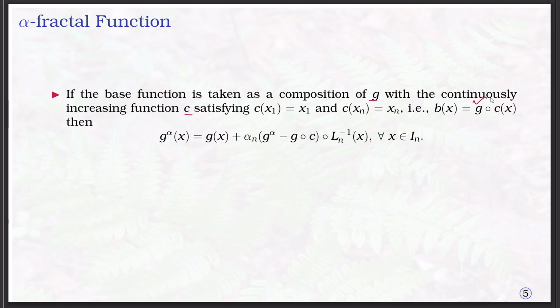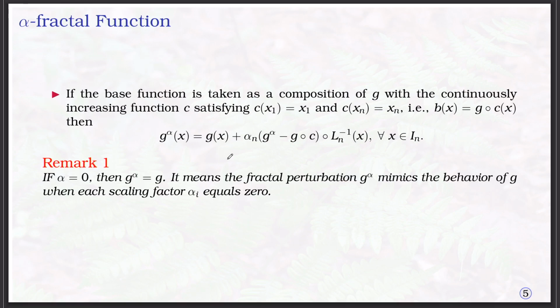We know the behavior of g is passing through the given data set, any continuous function which we are going to approximate. Now the functional equation becomes g alpha of x equal to g of x plus alpha I times g alpha minus, in terms of b of x we are writing g composition c.